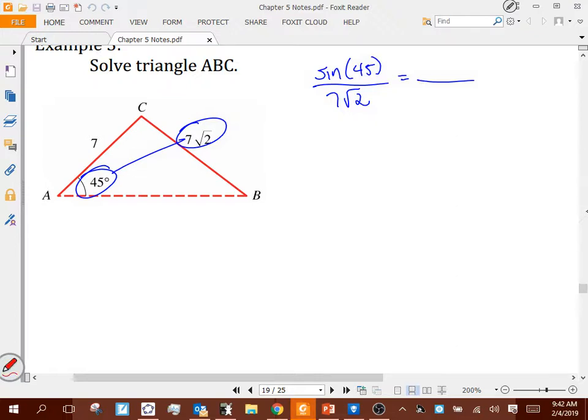I have to use 7. 7 is a side length. It's a distance, so it's got to be there, right? And opposite it would be sine of B. So this is one of those situations where we're solving for the angle instead of solving for the distance.